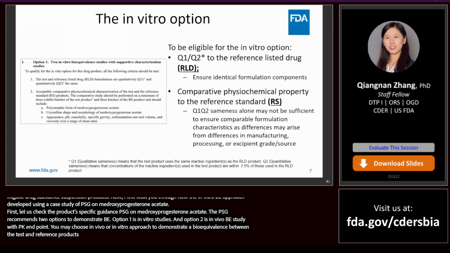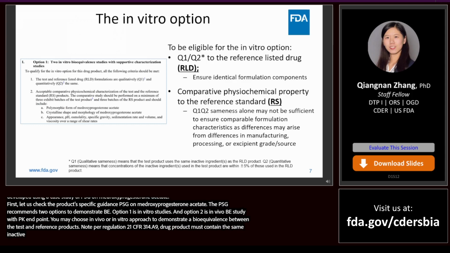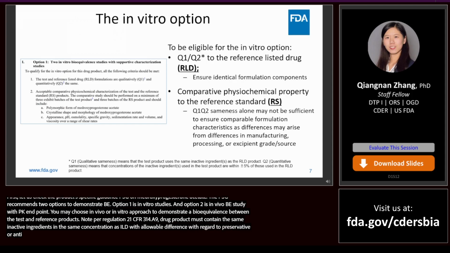Per Regulation 21 CFR 314.94, drug product for parenteral use must contain the same inactive ingredients in the same concentration as the RLD, with allowable difference with regard to preservative, buffer, or antioxidant, provided the difference does not affect the safety and efficacy of the proposed product.